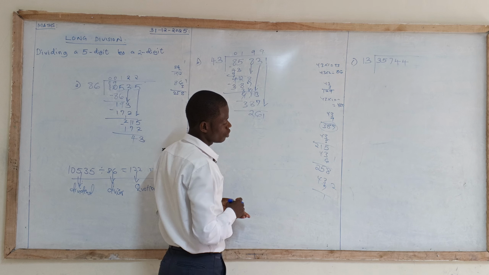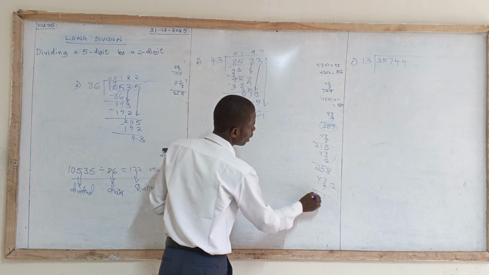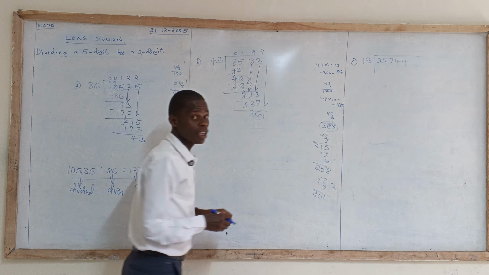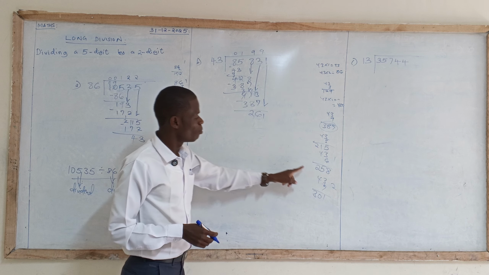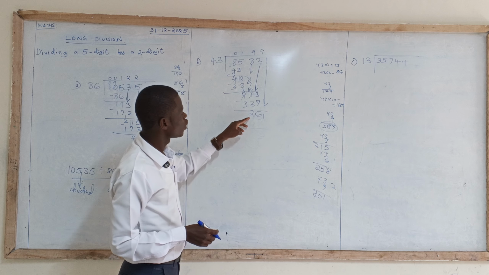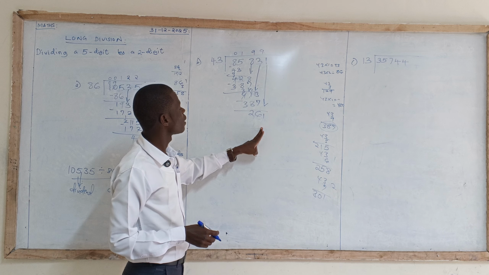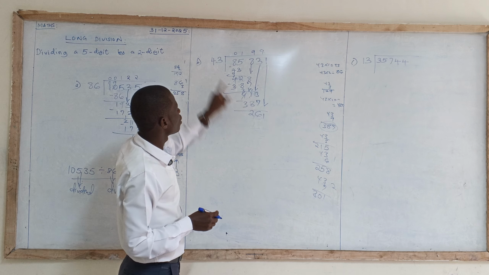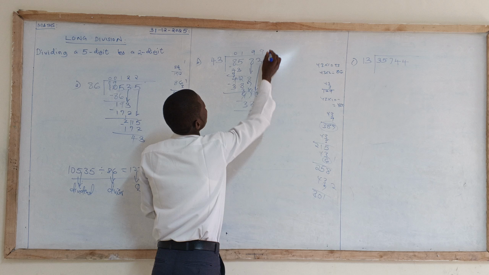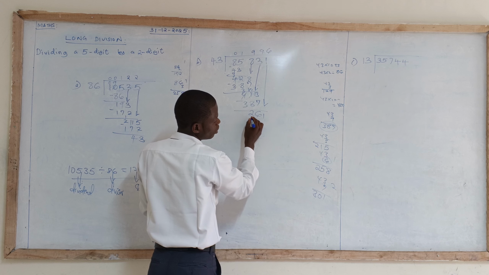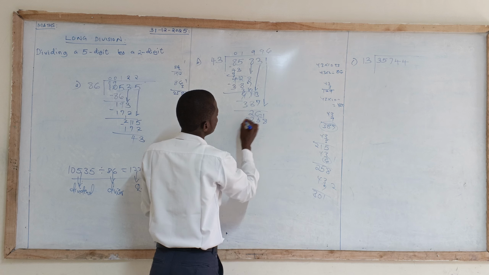Now 7 times 4, 28 plus 2, 30. So 301. This 301 is greater than 261, but 258 is very close to 261. So what will we say? 43 divides 261 how many times? 6 times, bringing 258.